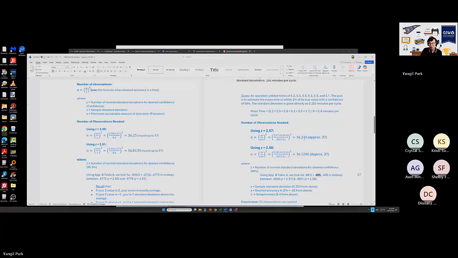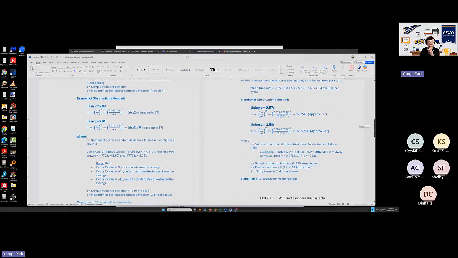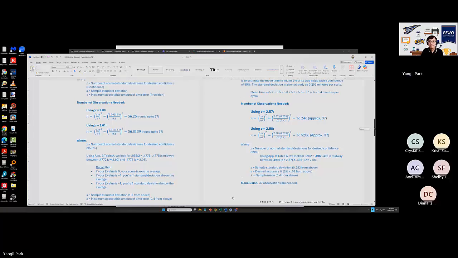So pretty sure that's close. 36.246, and using z-score 2.58 will give you 36.52. So it's going to be 37 observations this time.